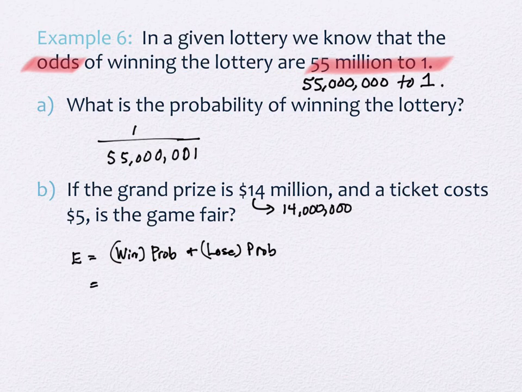Okay, so if we win 14 million, yay, it's exciting. But we paid $5 to play, so we don't actually come out with 14 million more than we started with. How much did we gain? This is not a trick question. Please, somebody. Y'all got this.